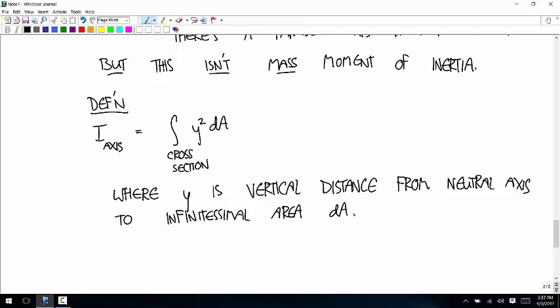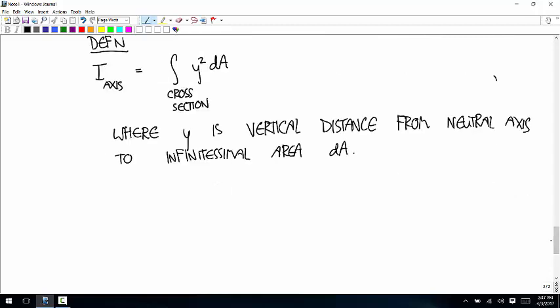In dynamics, it's a resistance to angular acceleration. Here, it's a resistance to bending. So it's a measure.